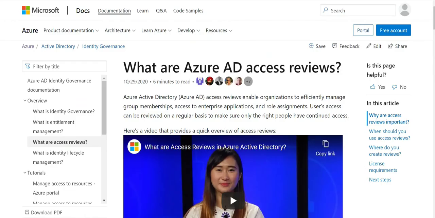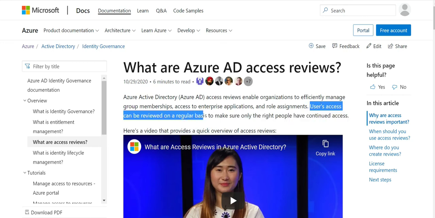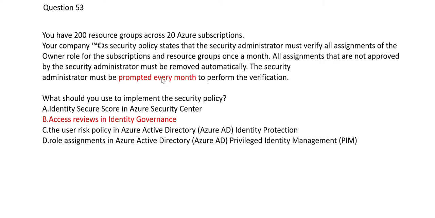If you see the documentation, users' access can be reviewed on a regular basis. That is important. This is what we need for the question we have, that the system should prompt every month to perform verification. So this will serve the purpose.